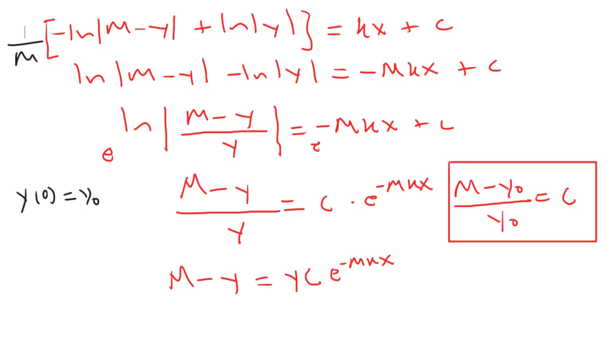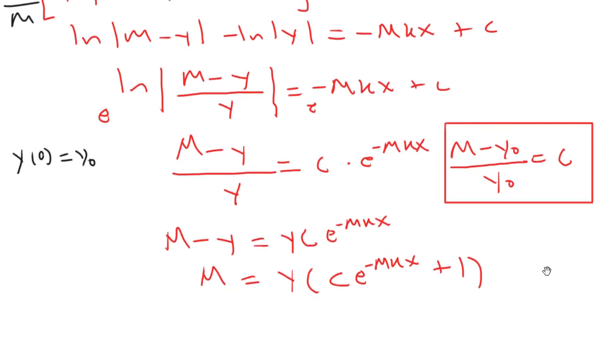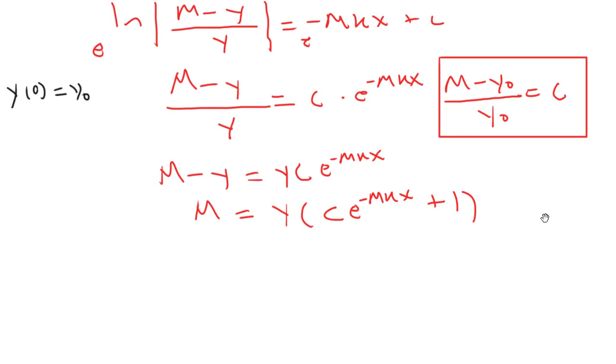But then notice that you could solve for y by taking m and setting it equal to y times c e to the negative mkx plus the 1 times y, so that's just 1. And now we are almost done, because we can solve for y.